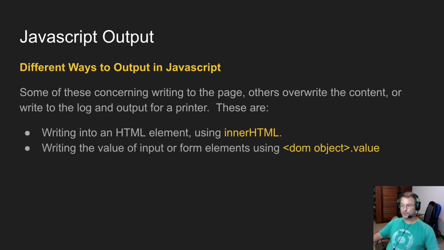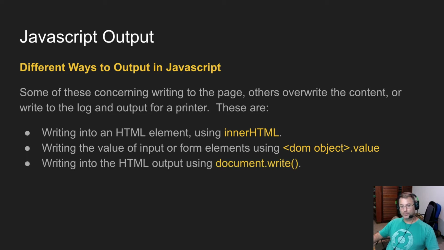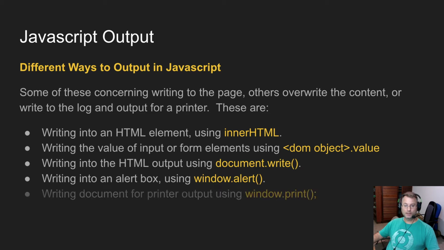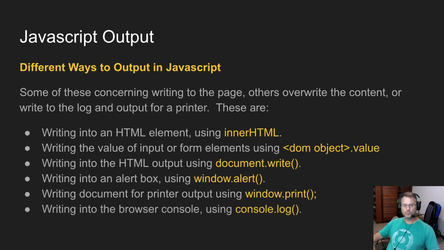We can also look at the DOM object property called .value, and we'll look at writing output to HTML using document.write, as well as the alert box and window.print. Additionally, we'll look at console.log, because in JavaScript it's very important to find a way to output what you have done in your code.